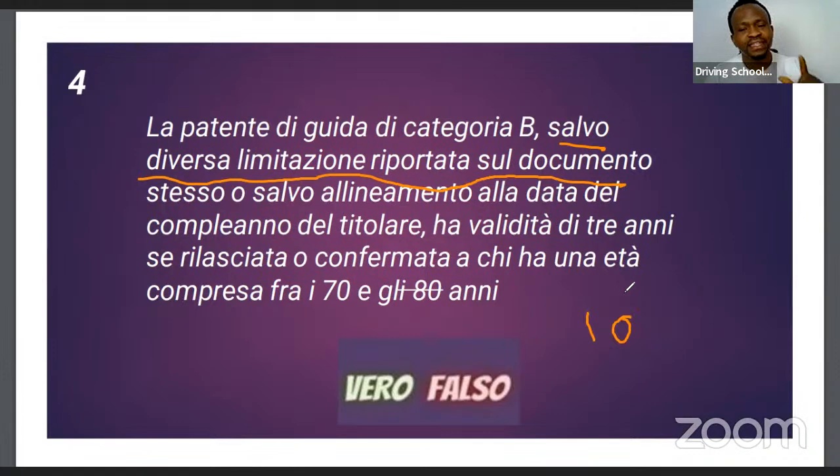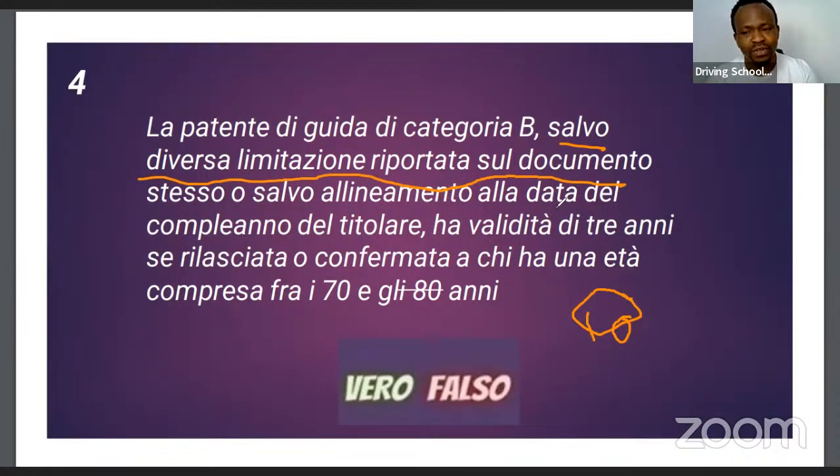We're in 2023, 24, 25, 26, 27, 28, 30, 31, 32, 33. In 2033, the expiring date of that license will fall on your birthday of that year. You understand?